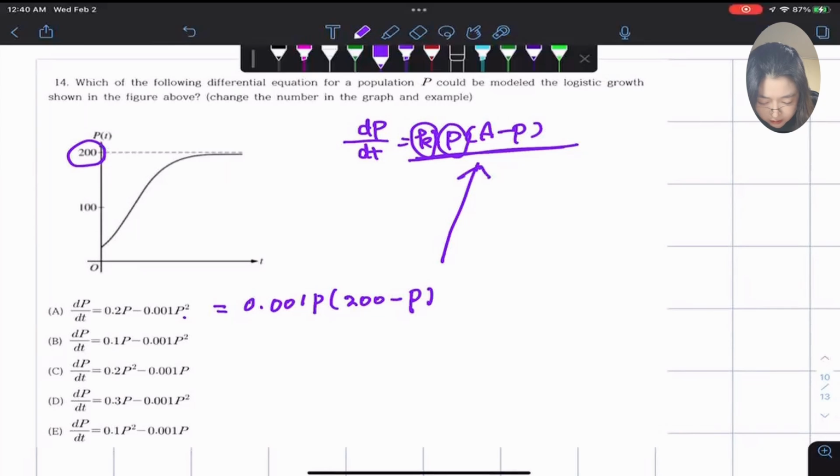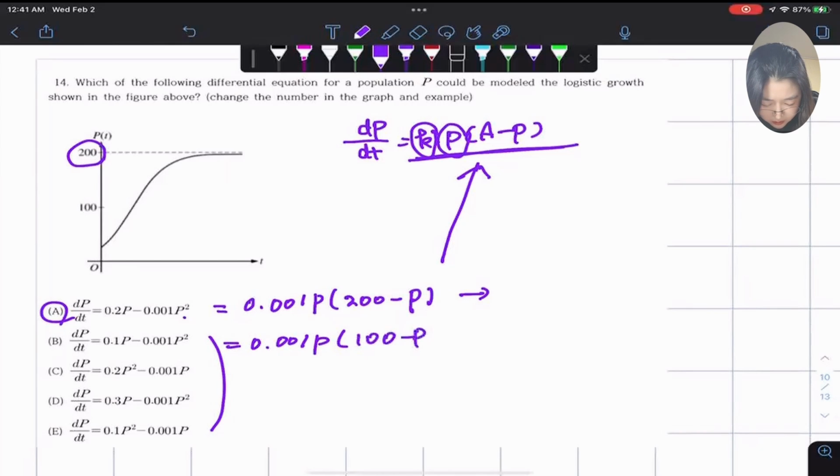So yeah, the limit value is 200. Oh, this is the answer. Second, extract 0.001 P and multiply by 1,000 like this, then 100 minus P. This limit value is 100.